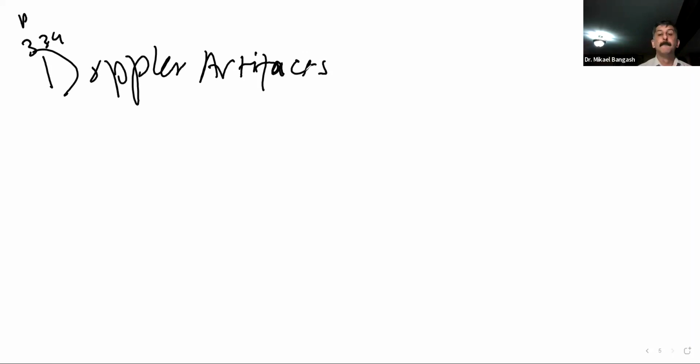Right? Now, one of the artifacts we already talked about, because it's one of the major artifacts of the Doppler, was aliasing. Right?